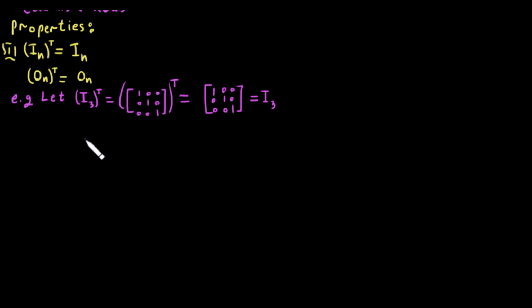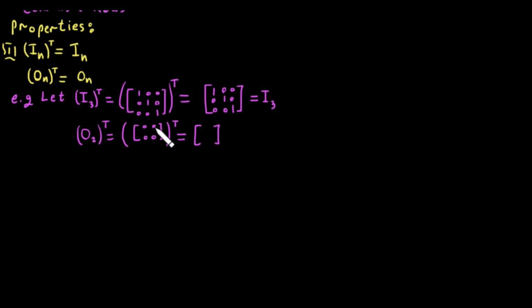Now, if I have a zero matrix with size 2 and I take the transpose, it will not affect it as well. So you can see it here. If I take the matrix 0 0, 0 0, and take the transpose, of course, it will not affect it.